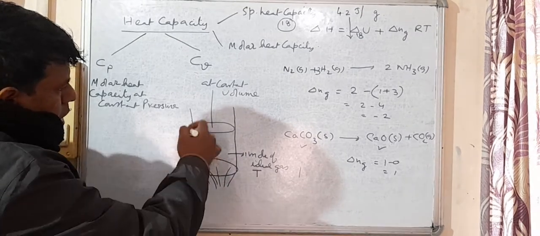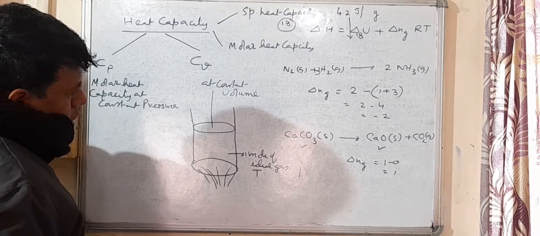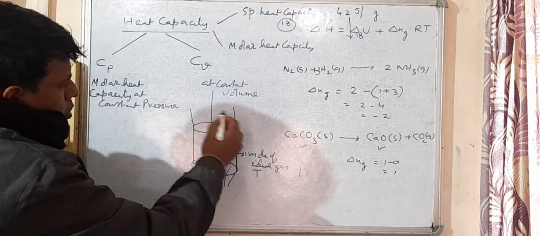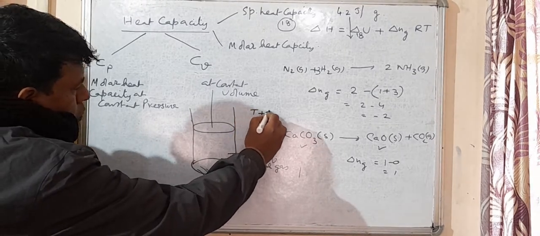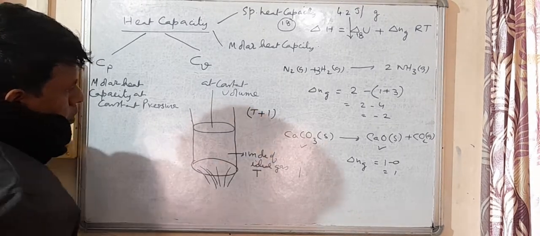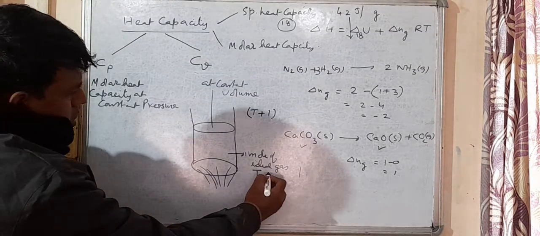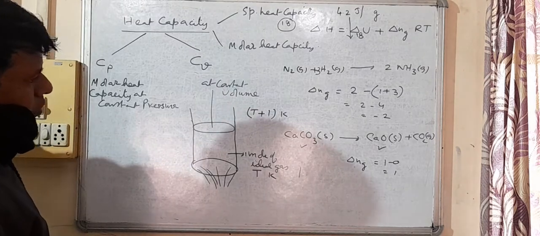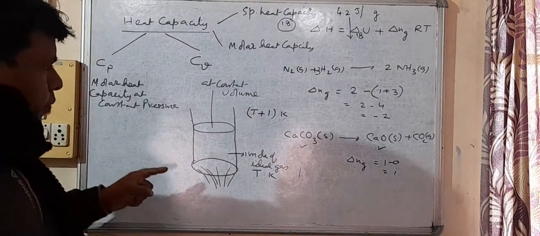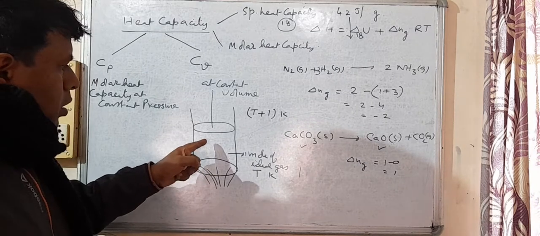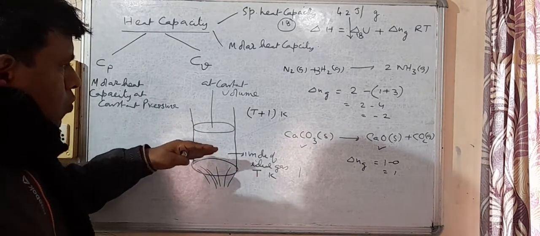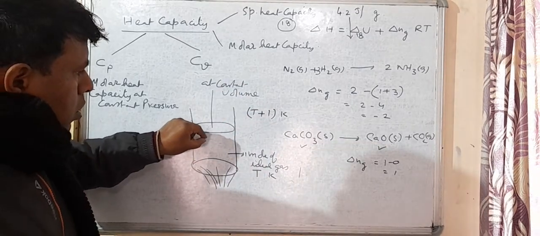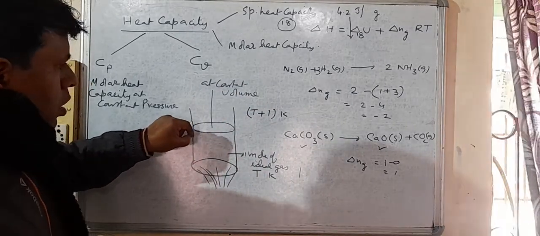We want the temperature of this gas to increase by 1 degree, to T plus 1, in Kelvin. So we have 1 mole of gas at T Kelvin, and we want to increase its temperature from T to T plus 1. The heat required is called heat capacity.